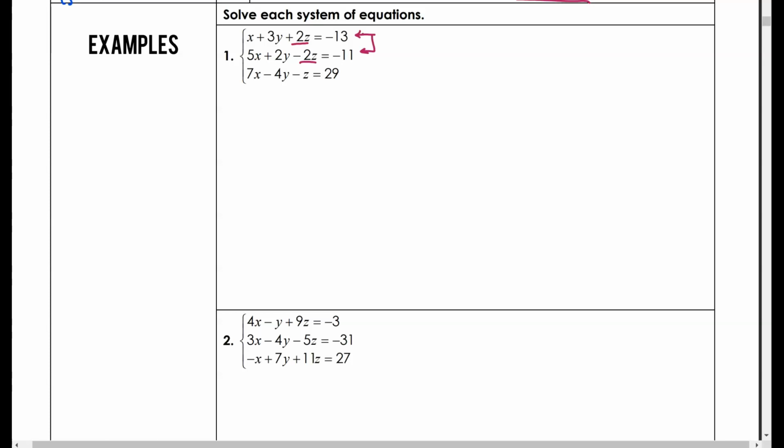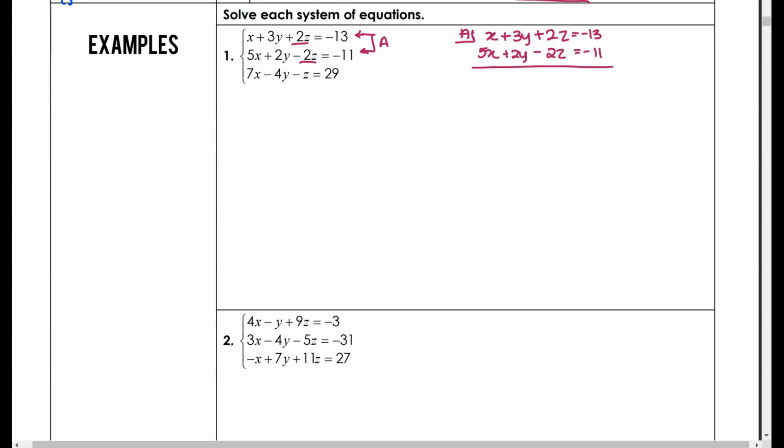So I'm going to call this combo A. Combo A is going to be that top equation, x plus 3y plus 2z equals negative 13, and then that bottom, 5x plus 2y minus 2z equals negative 11.